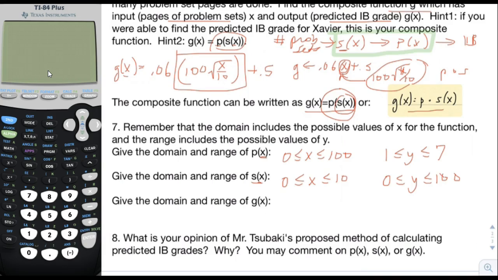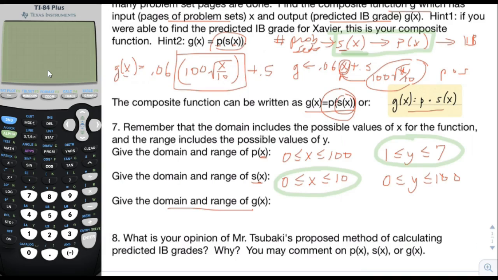Okay? And so what's the domain and range of g of x? Well, remember, g of x takes the input of the first function, which is the s of x function. The s of x function is first. It takes the input of the s of x function, and it takes the output of the p of x function. That makes sense, right?